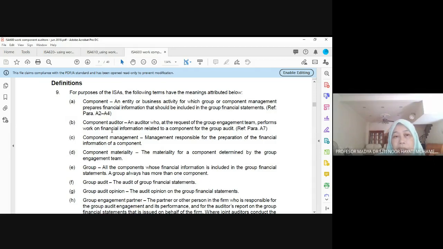So the component is actually referring to S1, S2, and A1, the associate company just now. Component auditor would refer to the auditor of S1, auditor of S2, auditor of A1. Component management would refer to the board of directors of S1, S2, and A1.